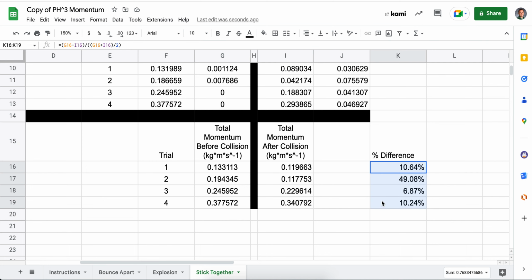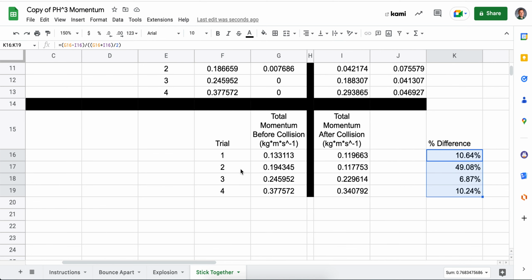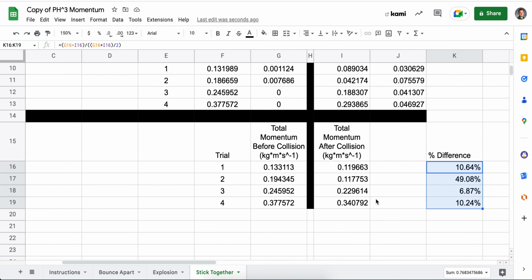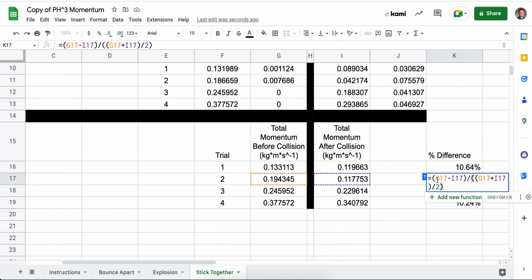Obviously 3 out of our 4 trials are really good. And we can talk about how we could eliminate this result here, and what some lab practices are that we could do to help limit this percent difference of 50% from what it should be.